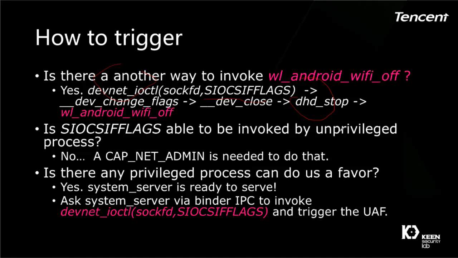But calling this function requires the CAP_NET_ADMIN privilege, which we don't have, because we are a local application. Only the root user has this privilege, but we can use another Java method to ask the system server to do the favor. If we call the Java method setWifiEnabled, the system server will help us call this ioctl in a binder thread, and finally it will call the wl_ioctl WiFi off. So in this way we can call that function concurrently.